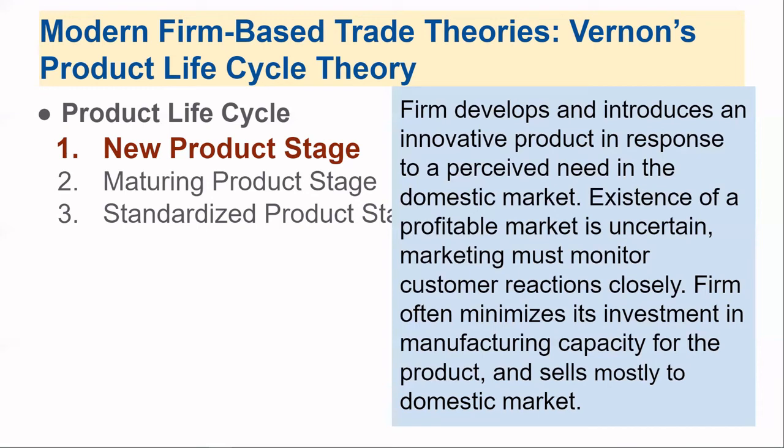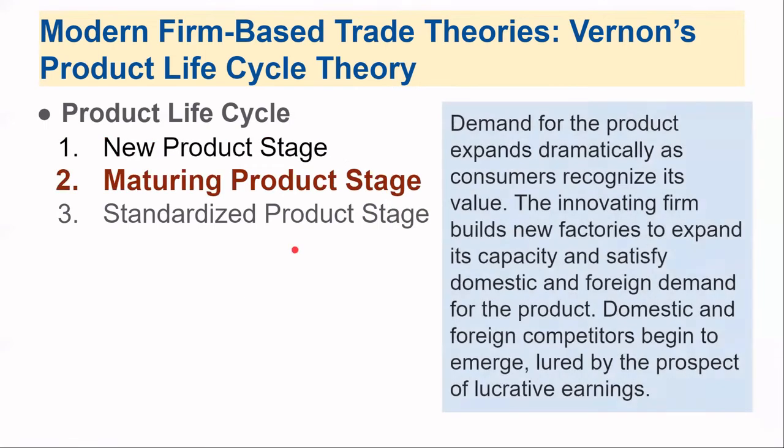Okay, and if you move on to the maturing stage, it gives Apple as an example as well. So the demand for the product expanded dramatically, and the innovating firm will build new factories to expand capacity to satisfy domestic and foreign demand for the market.